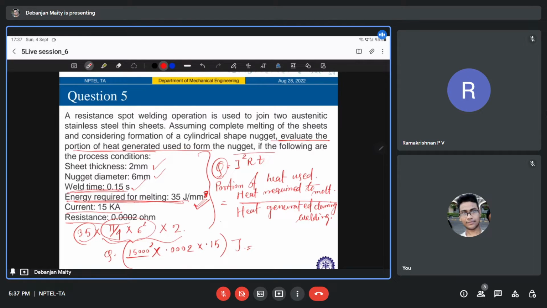So the fraction of heat which will be used is 35 into pi by 4 into 6 square into 2, that divided by this into 0.0002 into 0.15.